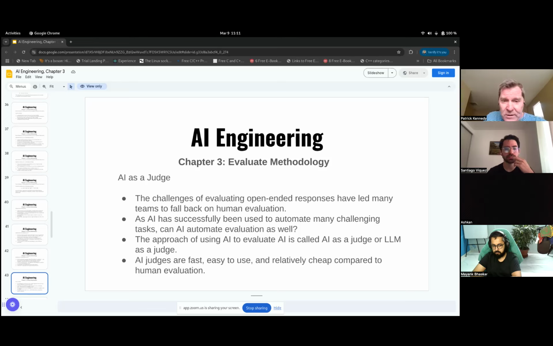So, AI as a judge: the challenges of evaluating open-ended responses have led many teams to fall back to human evaluation. However, there are also many ways that things can be automated, and Chip Huyen will show conclusively why.